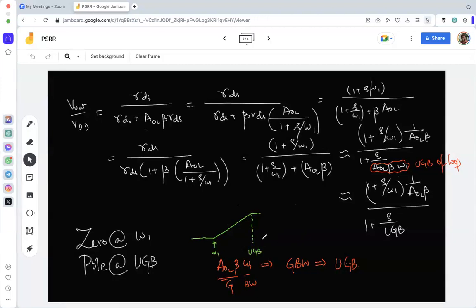It's only till the UGB that we see this rise, and at the UGB it flattens out because of the pole that we have at the UGB.